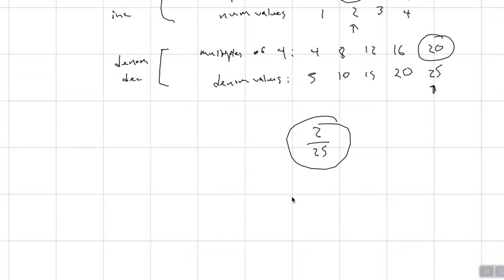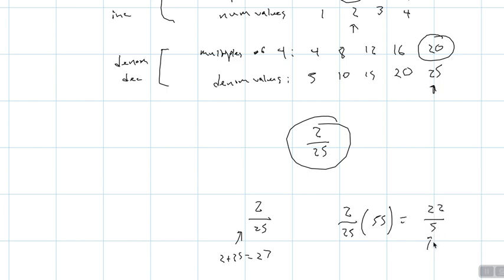The sum is 2 plus 25, which is 27. Multiply this by 55, and this comes out to 22 over 5, which sums to 27. So same sum.